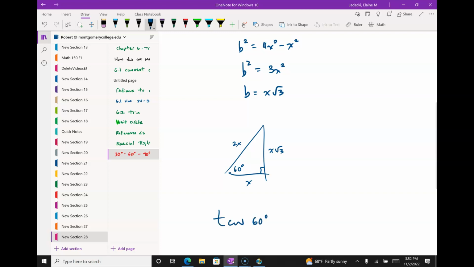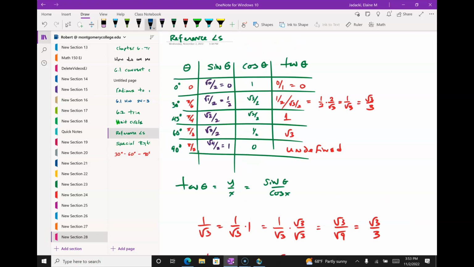Tangent of 60 degrees is the same as tangent of pi over 3. It's x rad 3 over x, opposite side over adjacent side, which is just rad 3. Tangent of pi over 3 is rad 3.